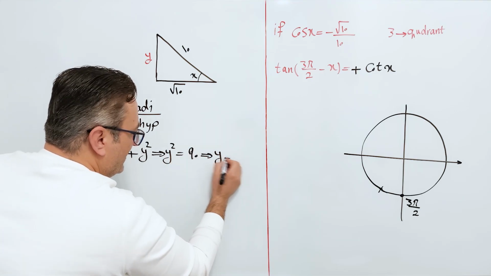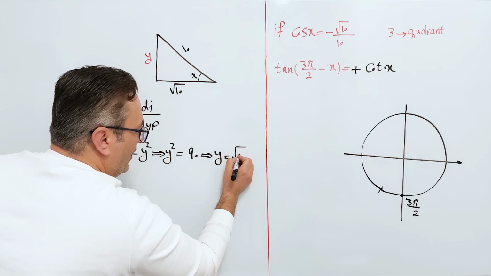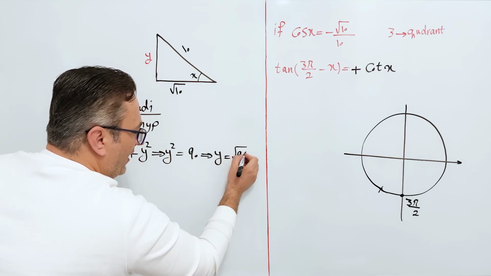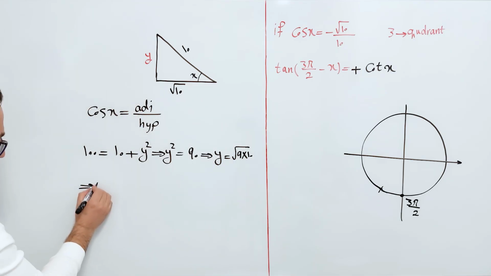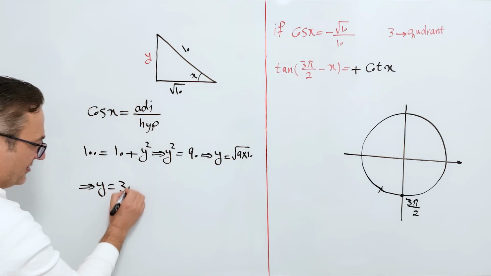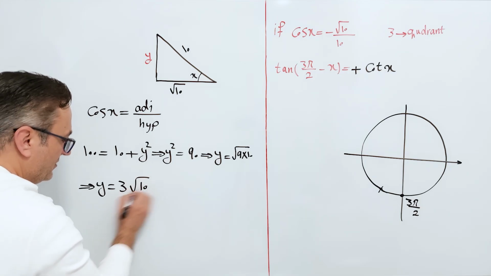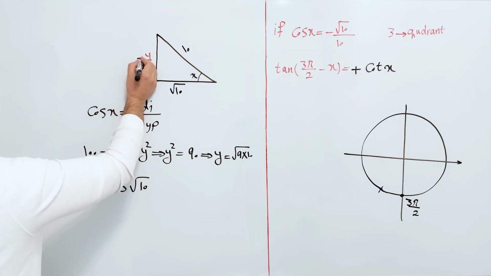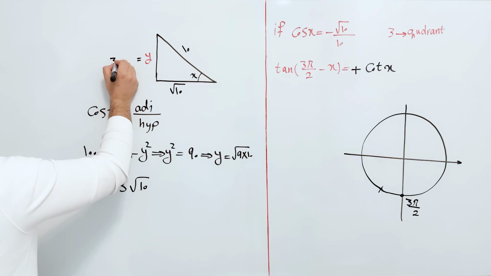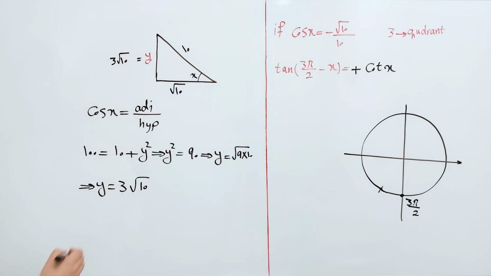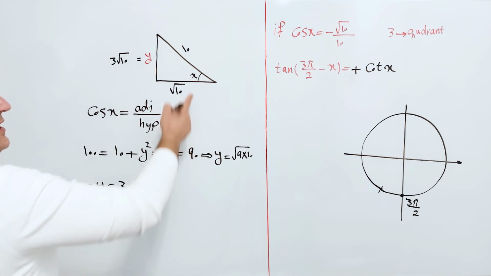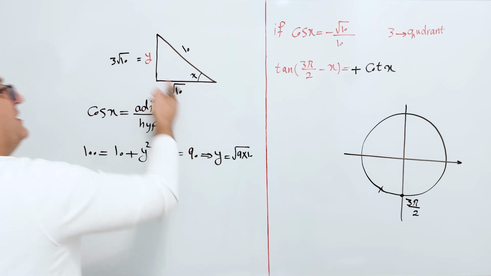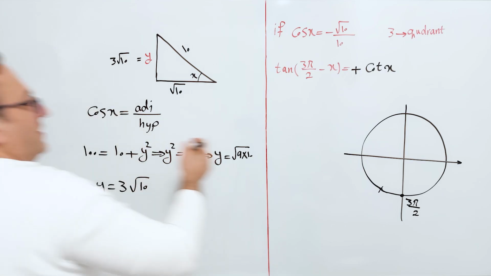So y is equal to the square root of 90, or 9 times 10. So y is equal to 3 times the square root of 10. So here is 3 times the square root of 10. So cotangent x is equal to the adjacent side divided by the opposite side.